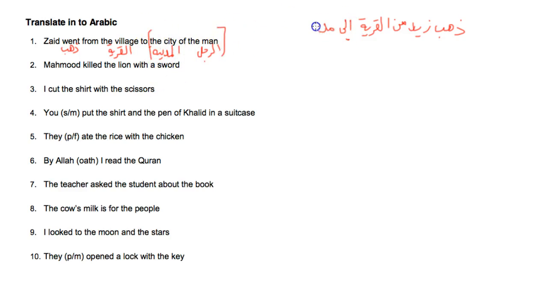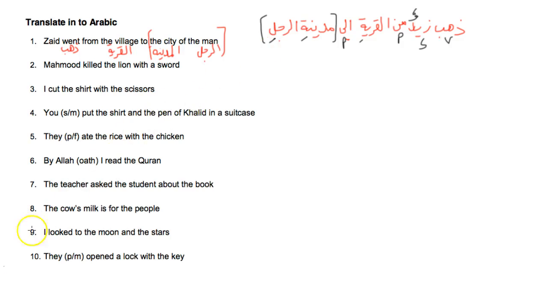So Madinati ar-rajul. Alright, so Zaydun is the verb, subject, min is the prep, qaryati ila is the prep, so Madinati ar-rajuli, of rule there. Dhahaba Zaydun min qaryati ila Madinati ar-rajul.